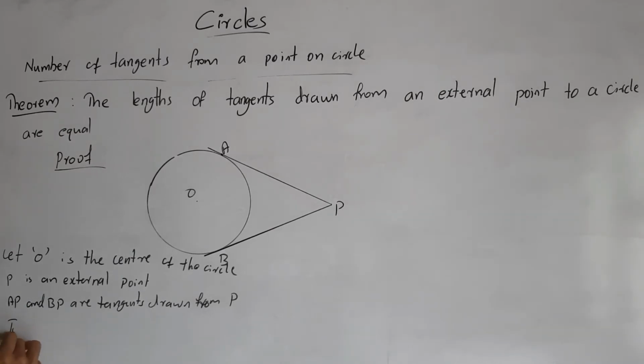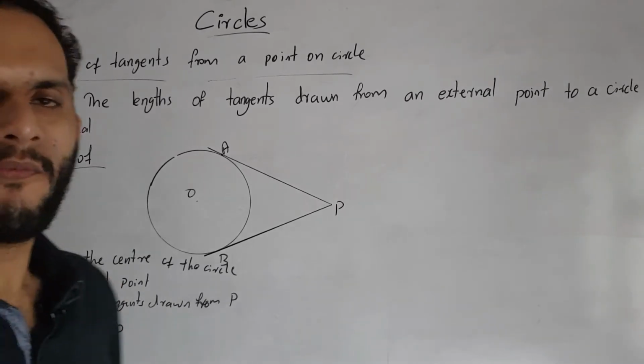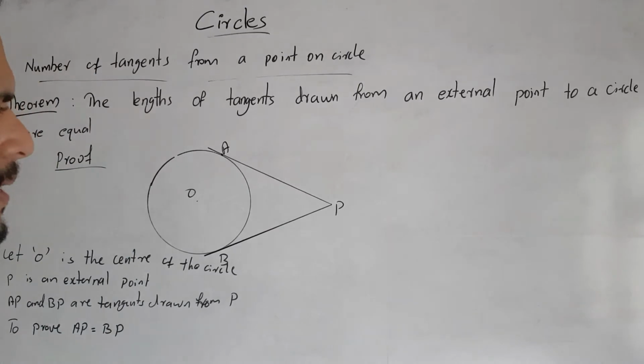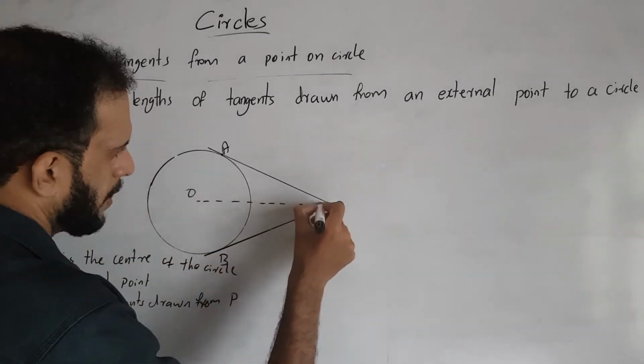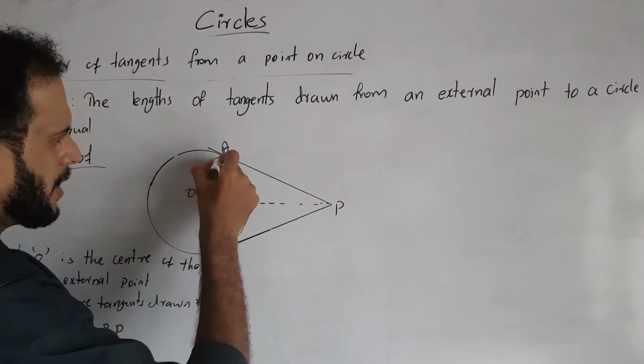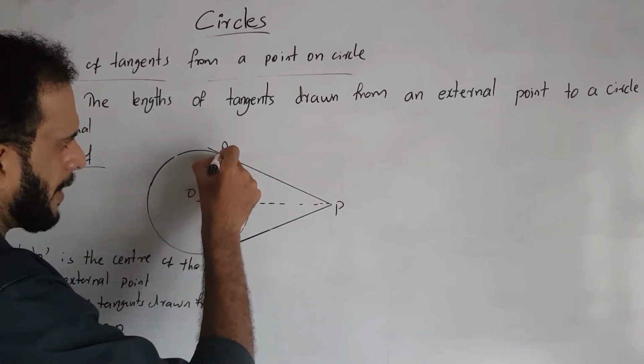To prove AP is equal to BP. For proving this, first we join O to P, and we draw the radius through the point of contact.